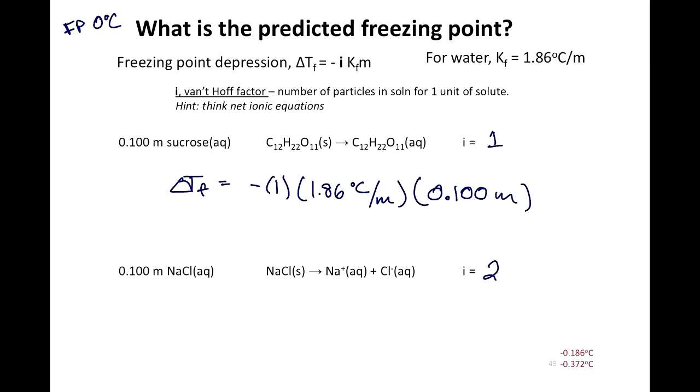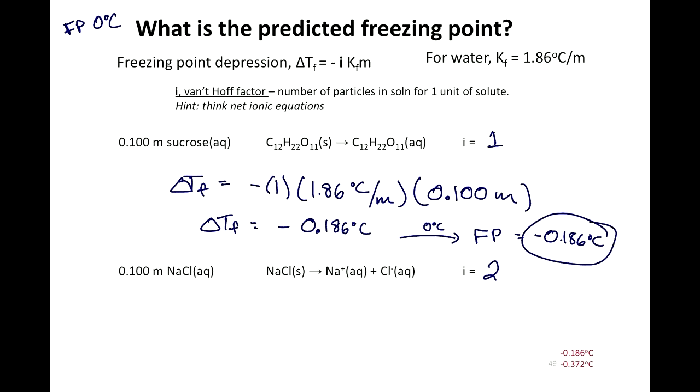You multiply all that together, and you see that the change in freezing point, the extent it is lowered, is 0.186 degrees. And so if we subtract that from the actual freezing point of water, which is 0 degrees, we should observe an actual freezing point temperature of negative 0.186 degrees Celsius. So we've got to get the system a little bit colder to get this sugar solution to actually freeze rather than 0 degrees Celsius.